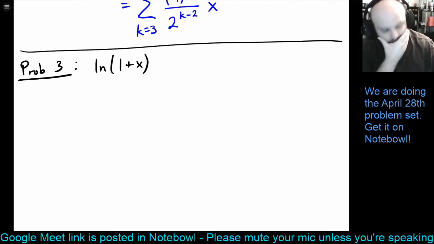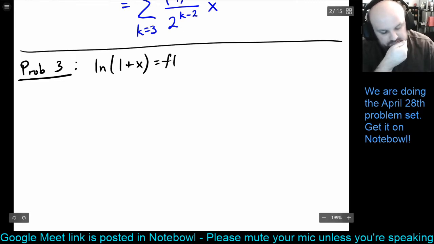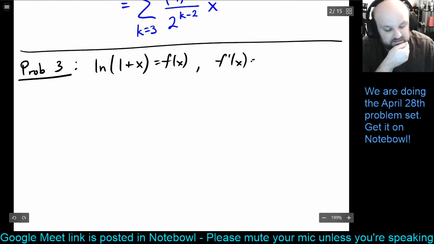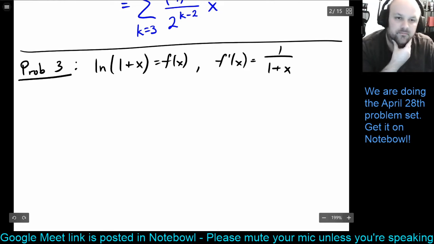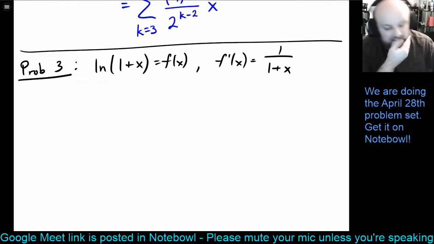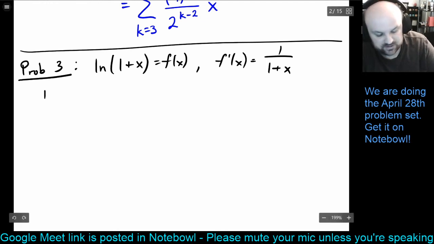Well, if this is f of x, then f prime of x is going to be 1 over 1 plus x. So I can start by finding a power series for this thing and then try to integrate it. So 1 over 1 plus x, right?